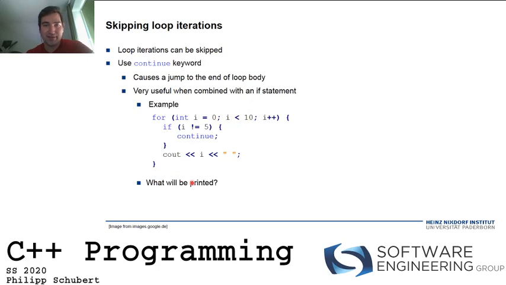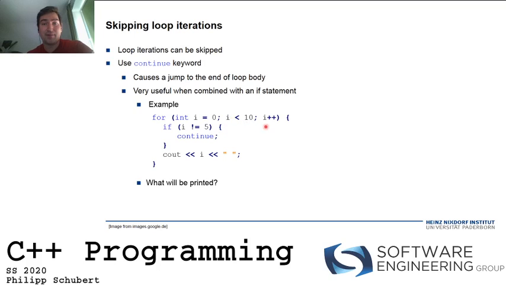So what will be printed here? We print the value i. Initially i is initialized to 0, 0 is smaller than 10, 0 is not equal to 5. So that means that we hit continue, and we start all over again.